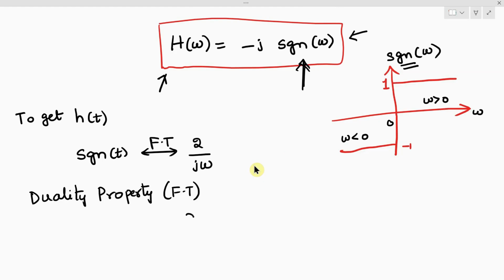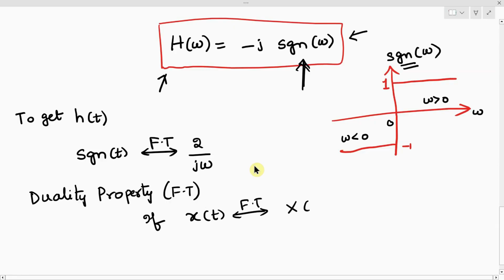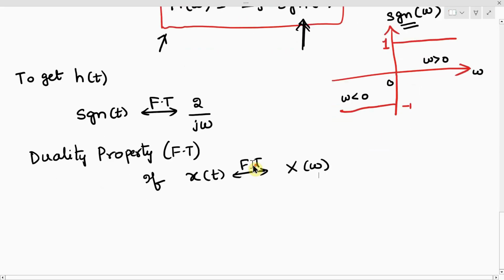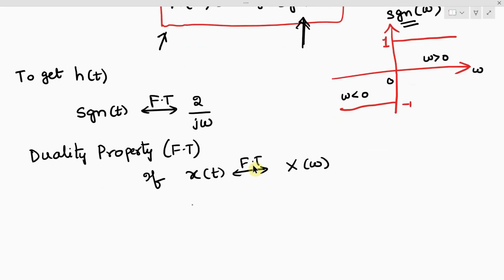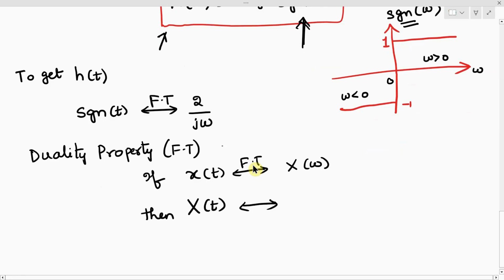What is that property? If x of t has a spectrum of X of omega, please refer to your notes once. Then capital X of t, can you see this property in your book? Duality or symmetry? Yes, sir.